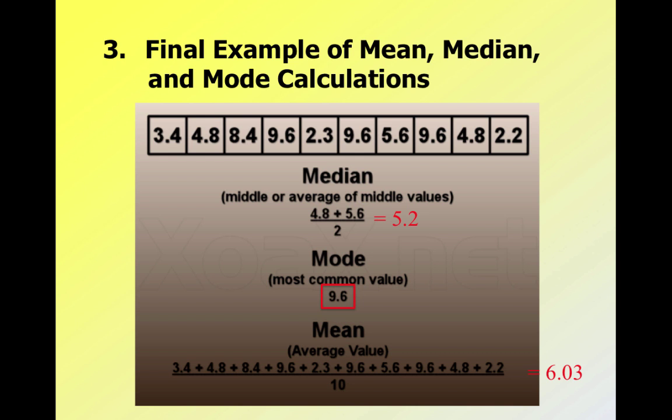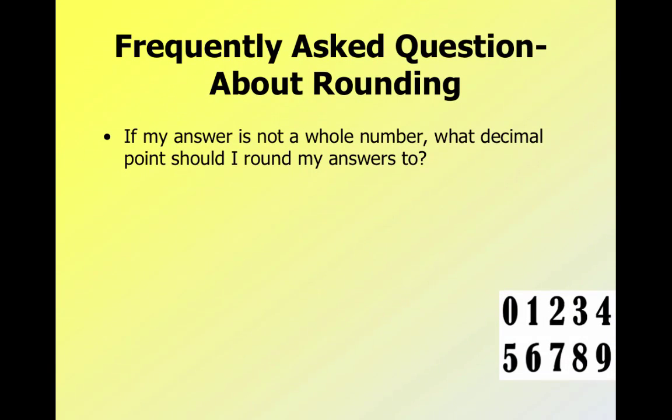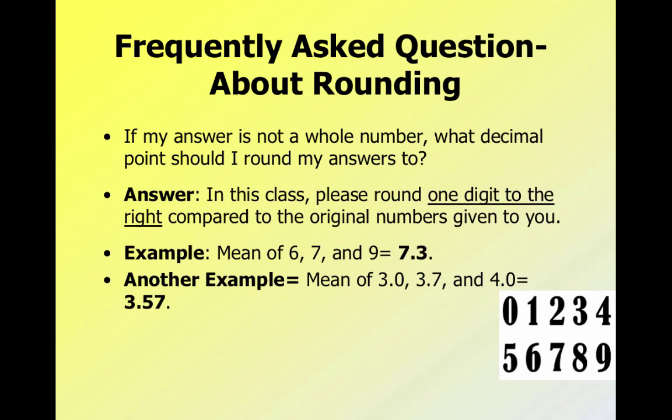Hopefully you got these right answers. Last thing, rounding. If my answer is not a whole number, what decimal should I round my answer to? Well, here we go. For this class, round one digit to the right compared to the original numbers that are given to you. So if I give you an example or a problem that says, find the mean of 6, 7, and 9.